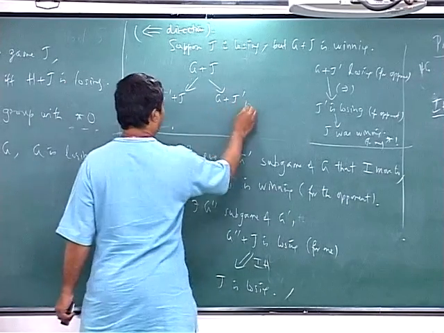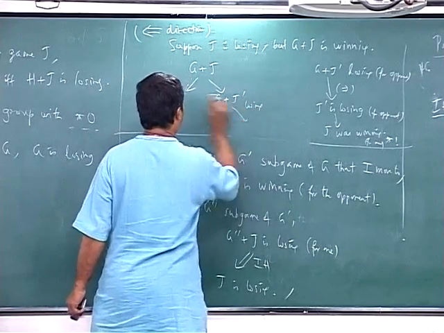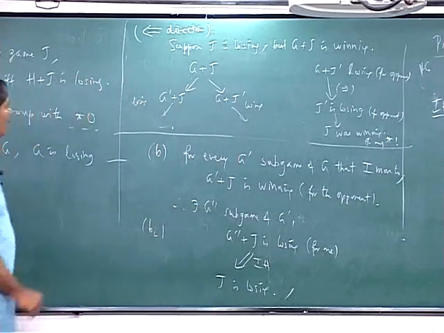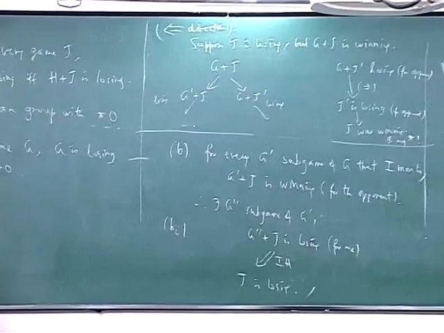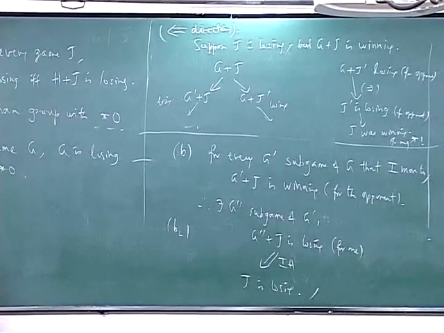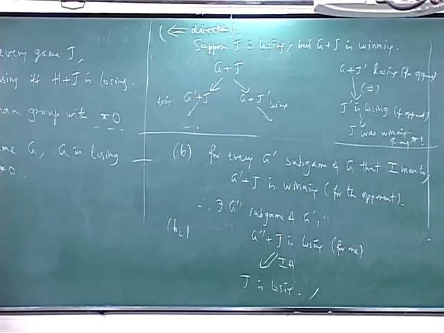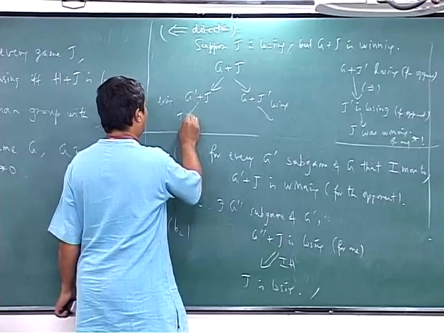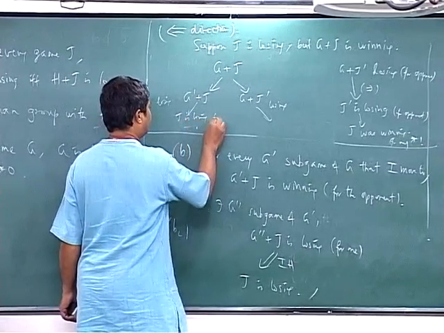If this is losing for the opponent, I go. If this is losing for the opponent, I have to show that, right. Now, this is what I have said. So J is losing for the opponent.